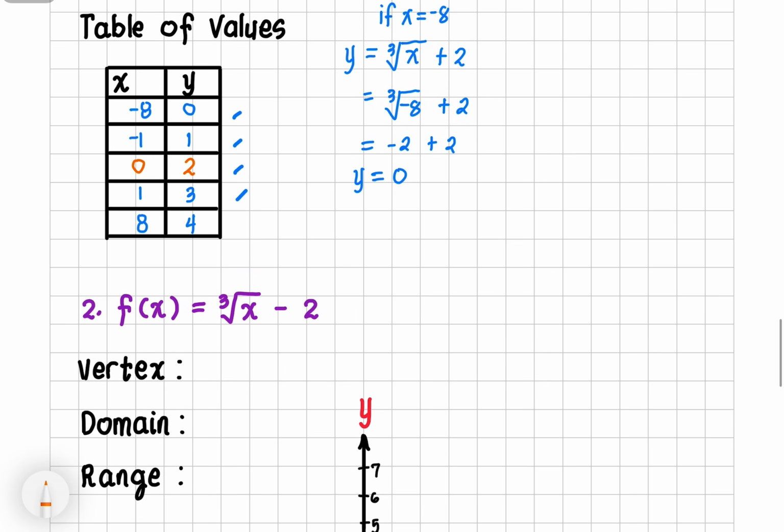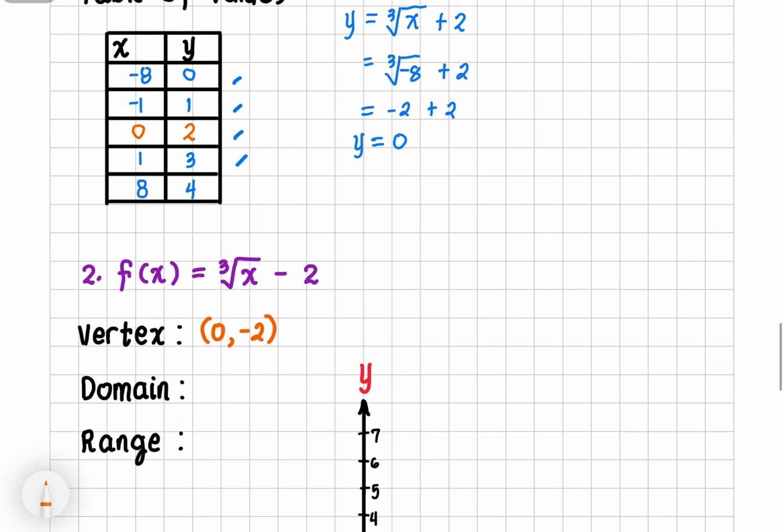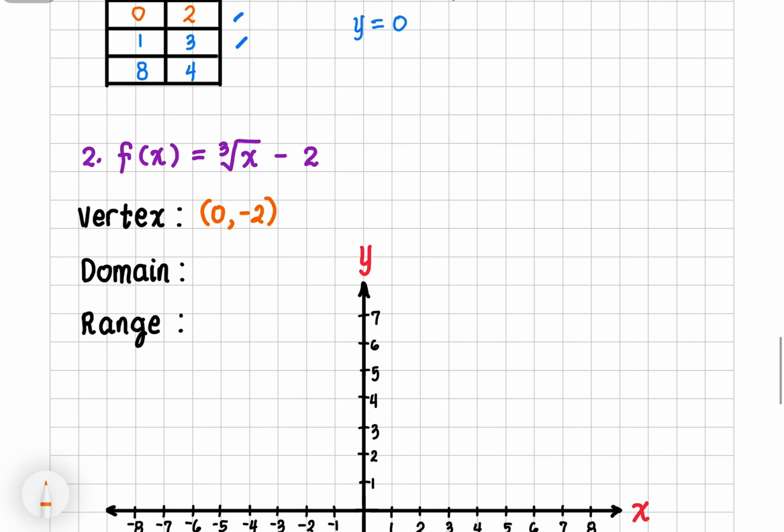Here, class, our vertex, very good, is 0, negative 2. This means it is along the negative y-axis, while earlier it was along the positive y-axis. The domain here is x is an element of all real numbers.